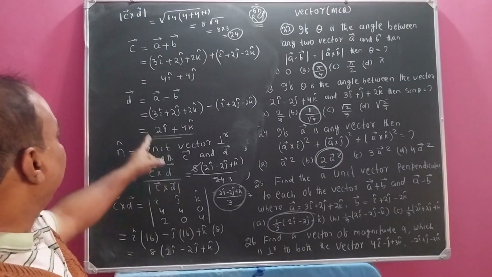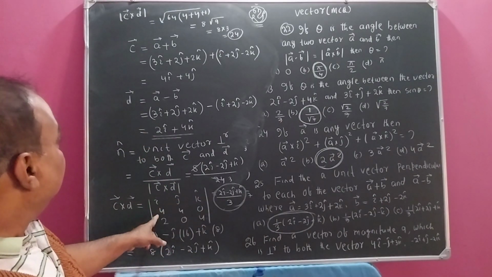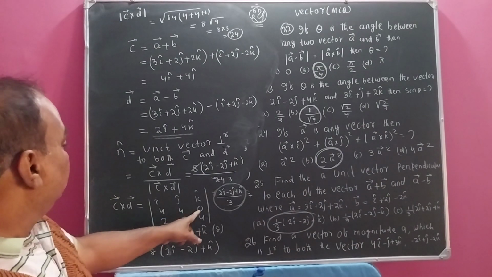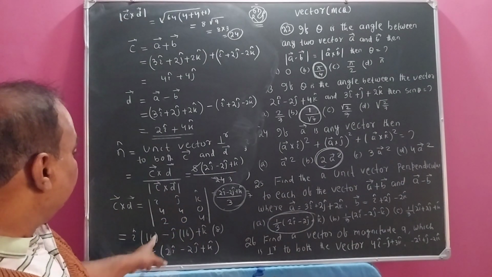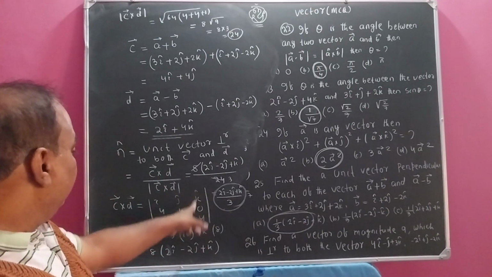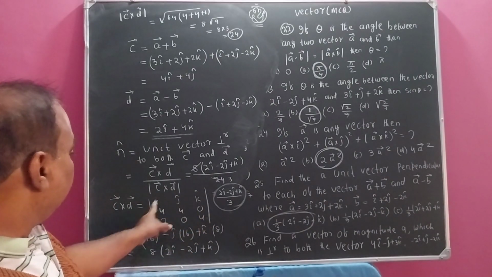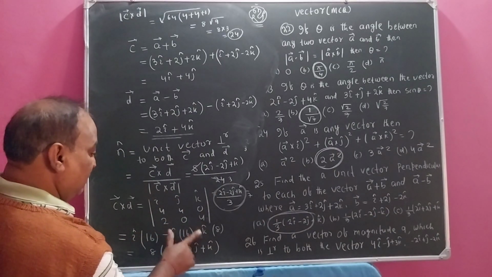C vector cross d vector comes out as i cap, j cap, k cap, with 4, 4, 0 and 2, 0, 4. Evaluating: 16 minus 0, and k cap means 0 minus 8, so it is minus 8.